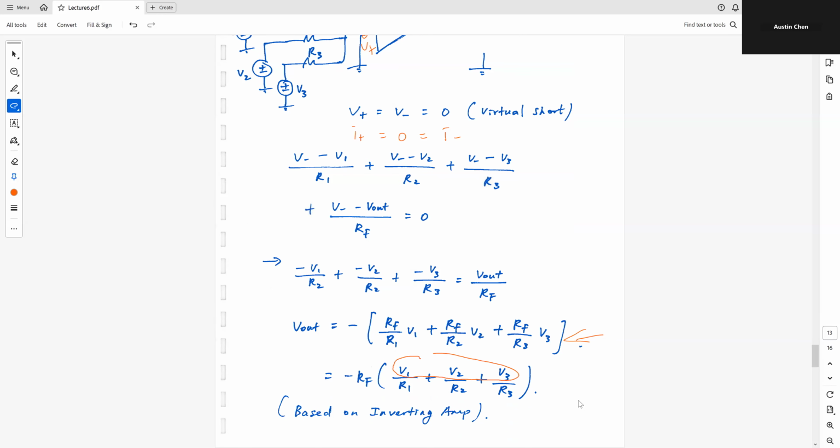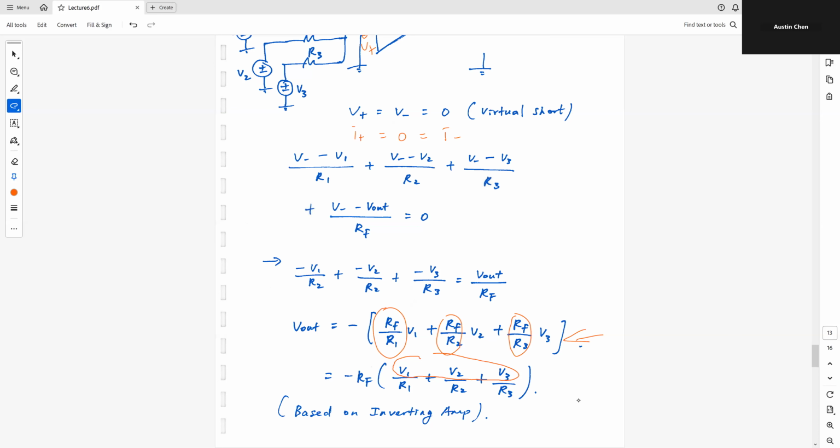If you look at this equation here, it's probably easier. I have some ratio which will tell you the relationship between V out and V1, and also the relationship between V out and V2, and V out and V3.